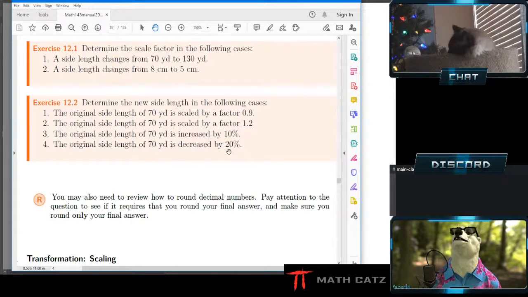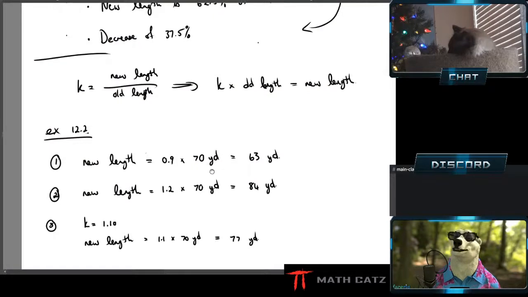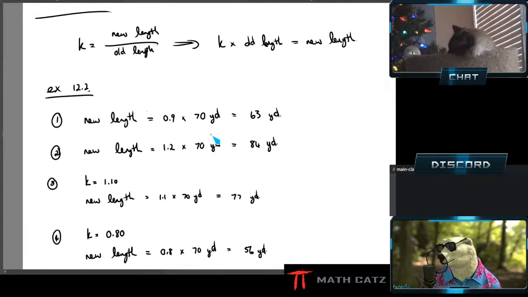Percentage is 20, so the decimal version is 0.2. So the scale factor is 0.8. I then apply that scale factor to get the new length in the straightforward multiplication by the original length. 8 times 7, 56.